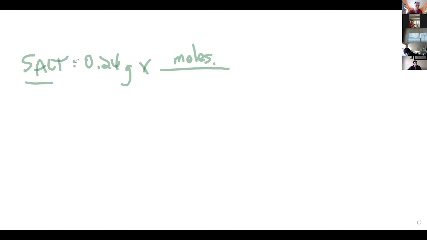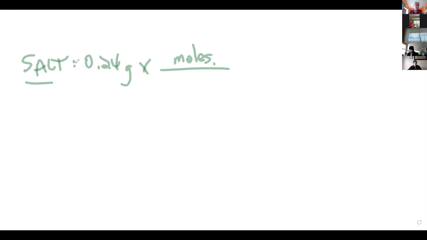Would it be just magnesium sulfate? That's right. It's just the magnesium sulfate because we've driven the water off. So it's not magnesium sulfate hydrate anymore. It's just magnesium sulfate. Excellent. So I want the molar mass of magnesium sulfate.